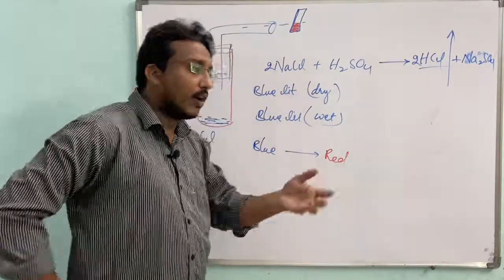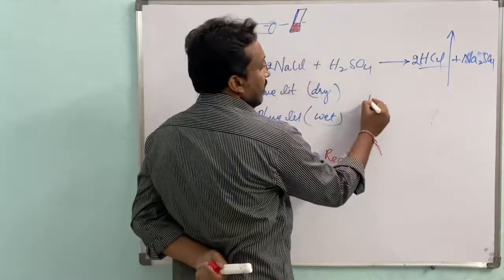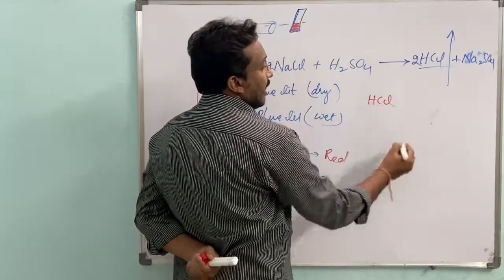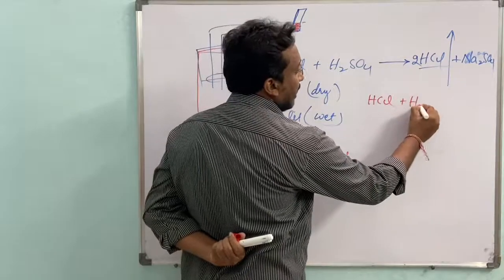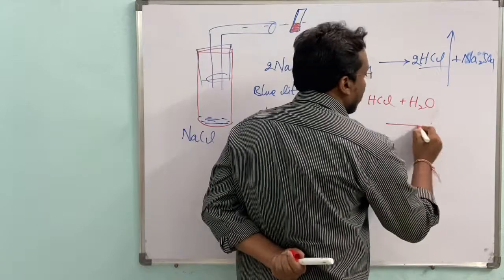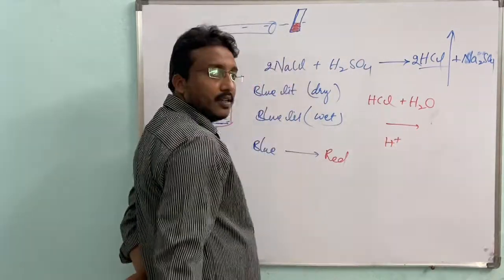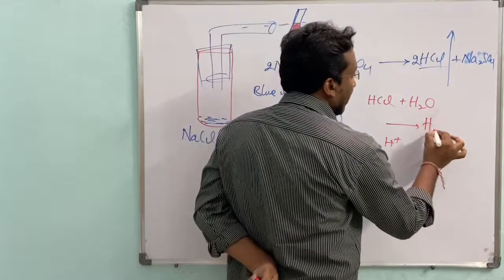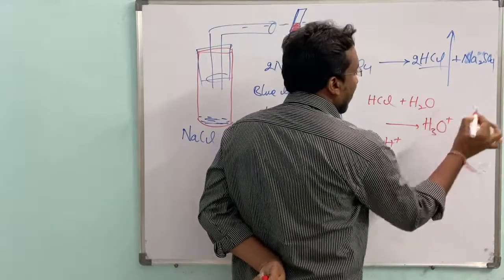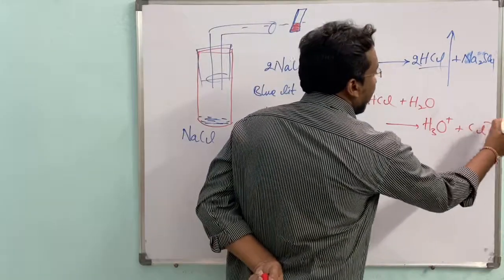Why? Because when HCl reacts with water, it dissociates and gives H plus ions. It gives H3O plus and Cl minus.